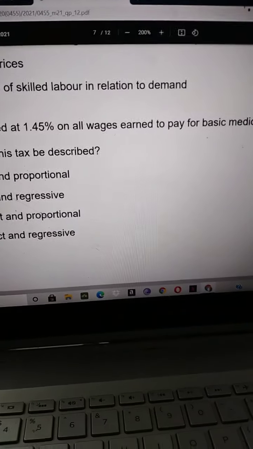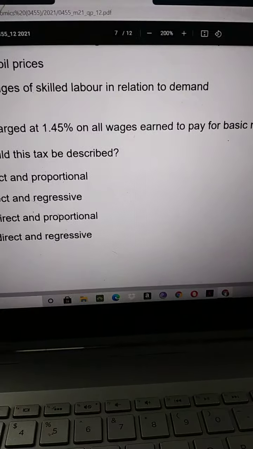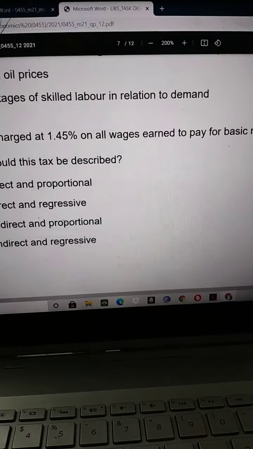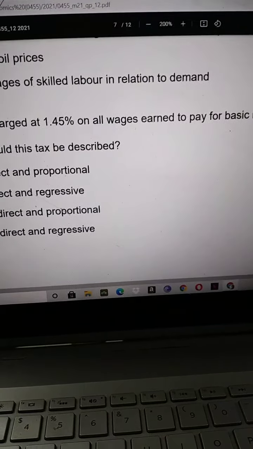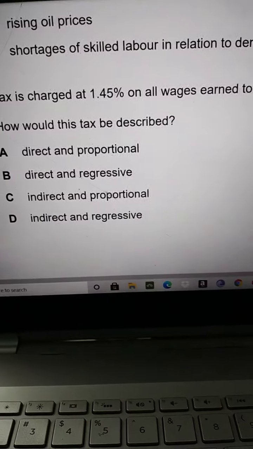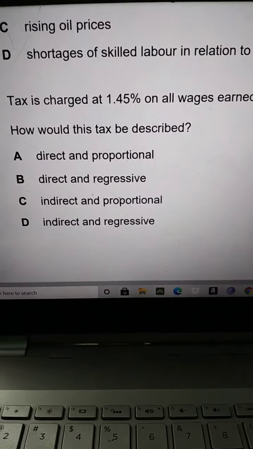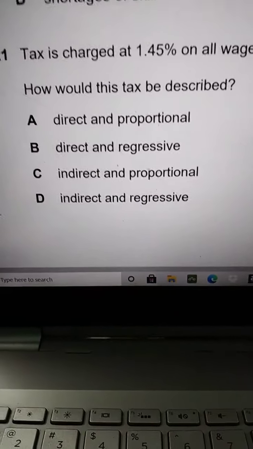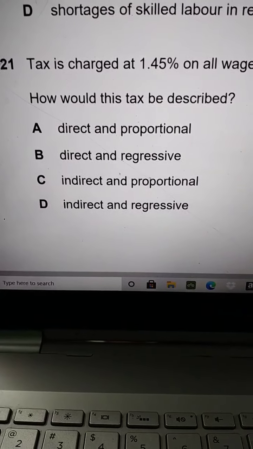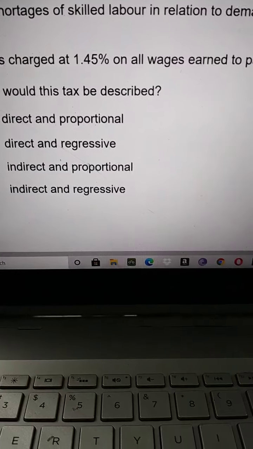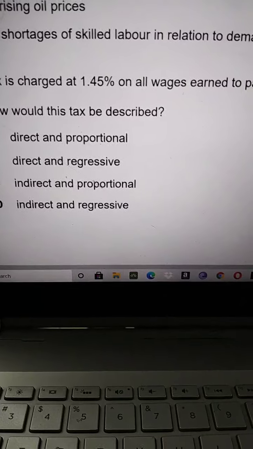Proportional taxes are fixed or flat. So for example, 5% tax is collected from the teachers, from the businessmen, everyone. So that is a proportional flat tax. So over here it is given tax is charged at 1.45% on all wages.